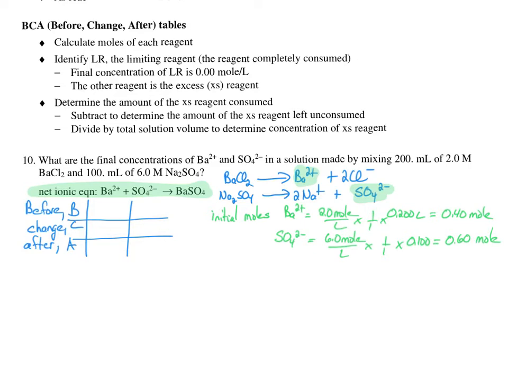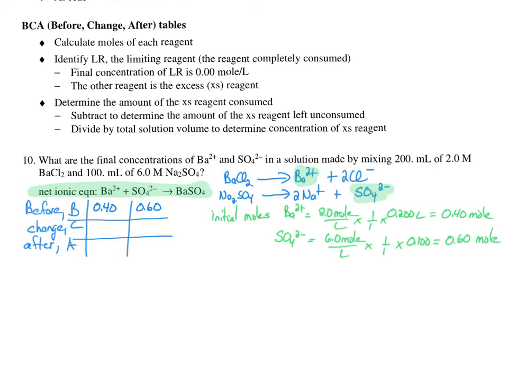All right, so we've done our calculation to determine the number of moles initially of barium 2+ and sulfate ion. And we can put these values into our BCA table on the before. So initial moles of barium 2+, 0.40, and for sulfate, 0.60.